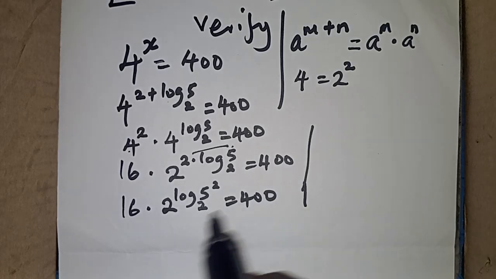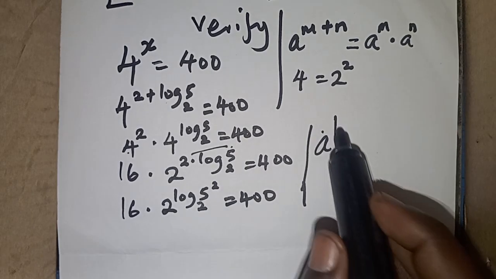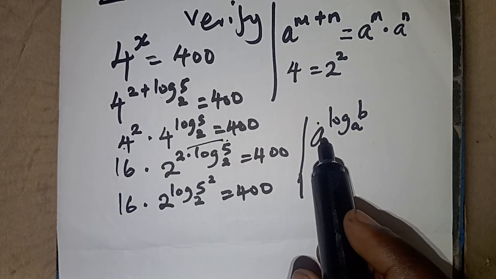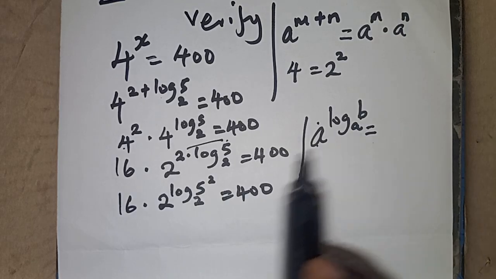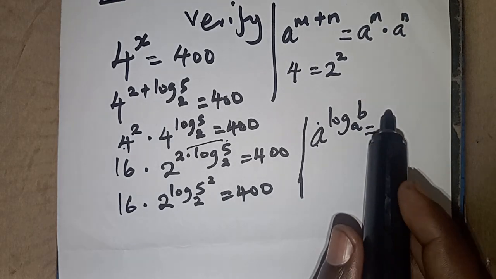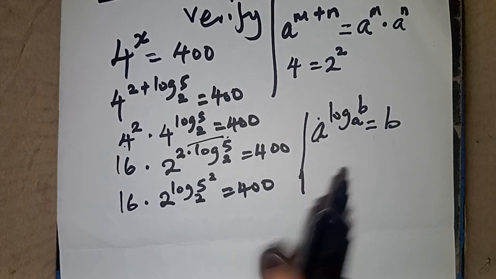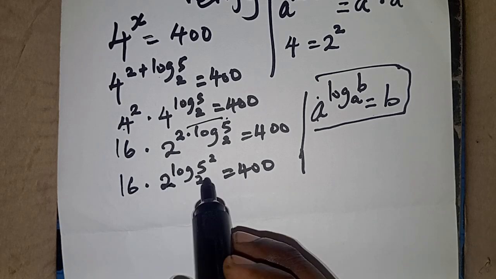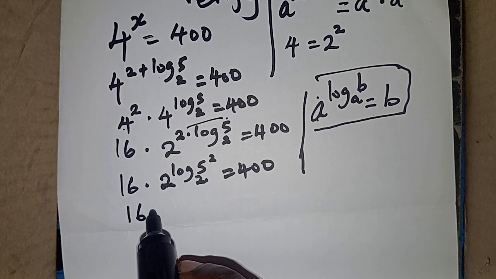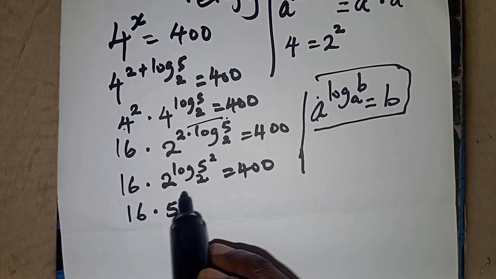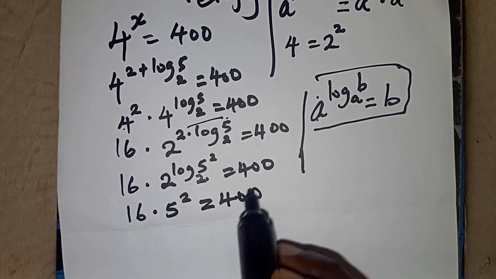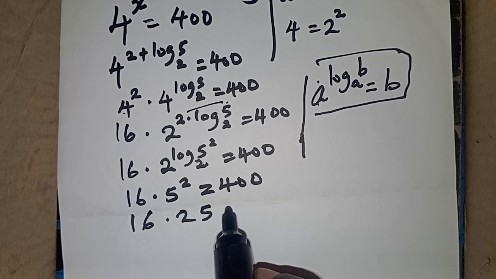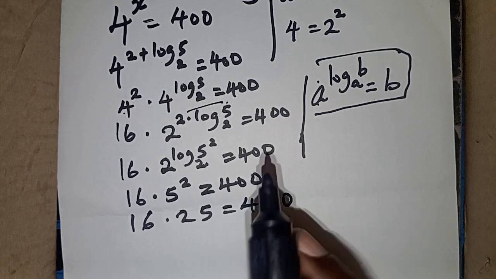Another law of exponent that I'm going to use here: wherever I have a raised to the log of b base a, and it's clearly easy to see that a and a are the base, then this will automatically be written as b, since the base and the base cancel. So this and this disappear, and I'll remain with 16 multiplied by 5 to the 2, which should give me 400. 16 multiplied by 25 is also equal to 400.